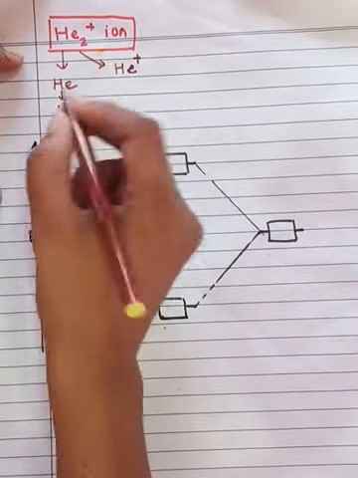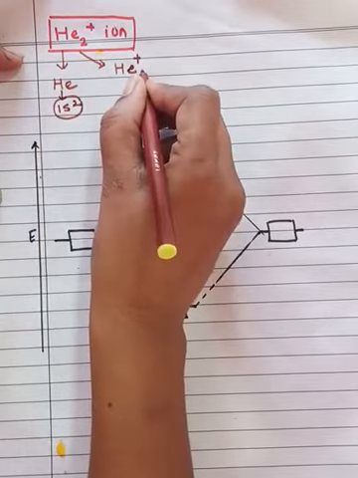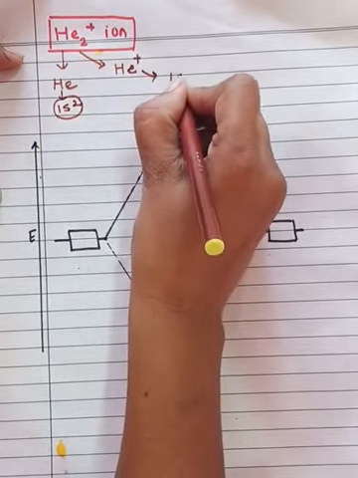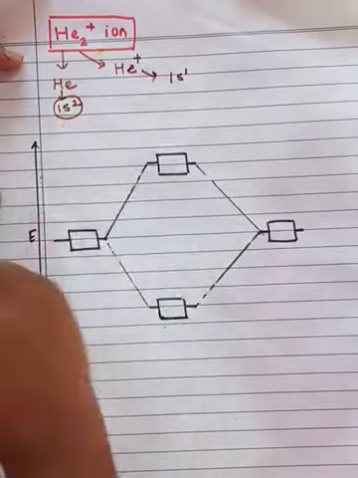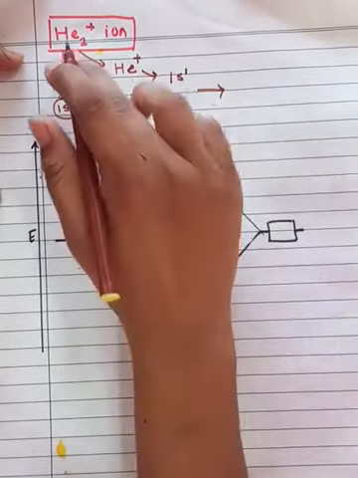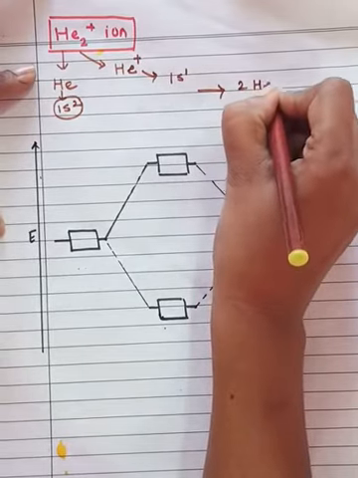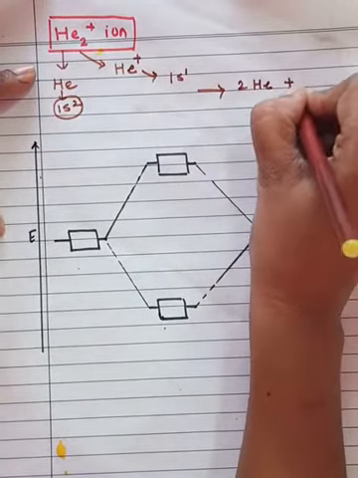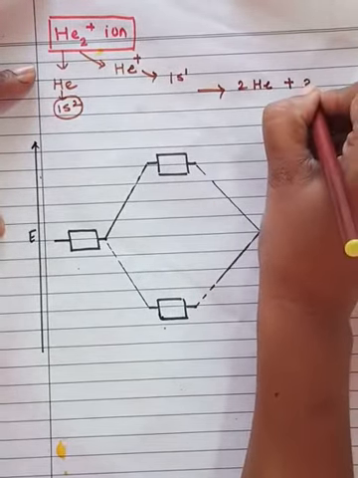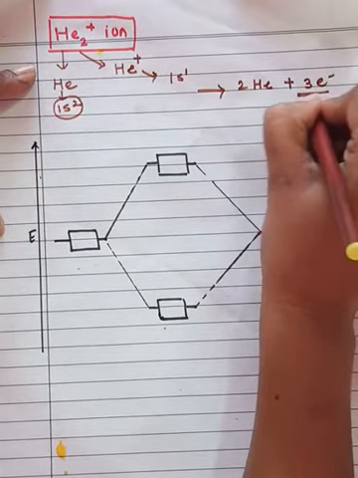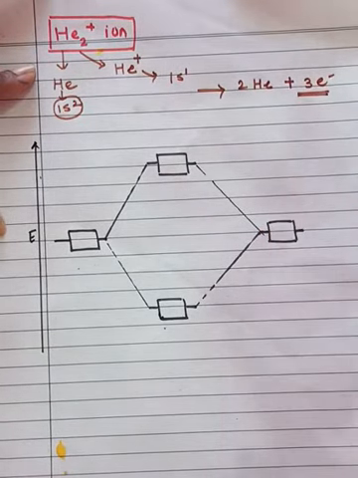For one helium atom it is 1s2 and for the second it is 1s1, as it has a plus charge. So in total this He2 plus ion consists of 2 helium atoms and 3 electrons. So we have to show the filling of these 3 electrons.